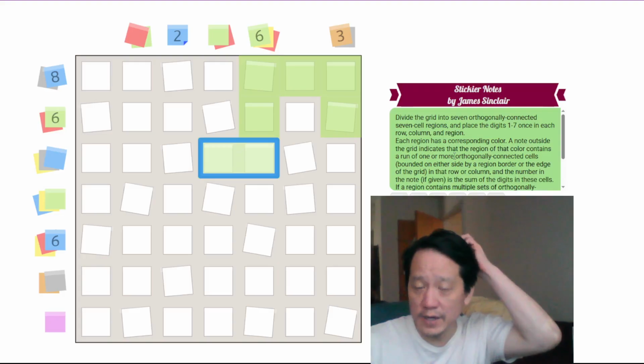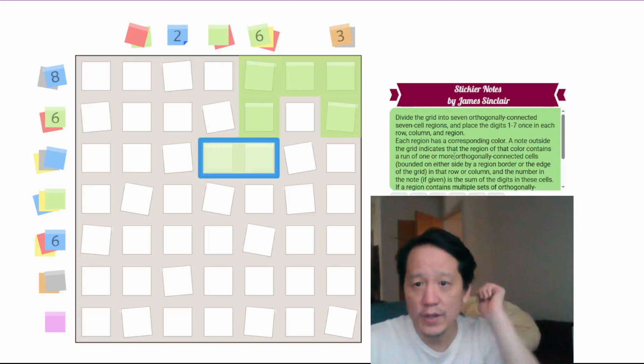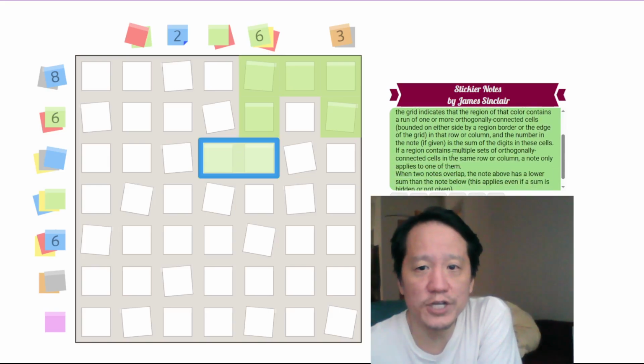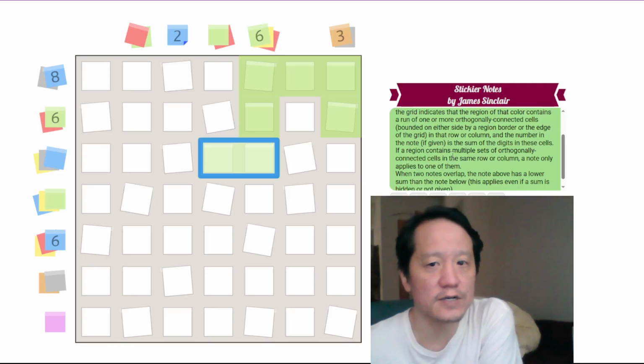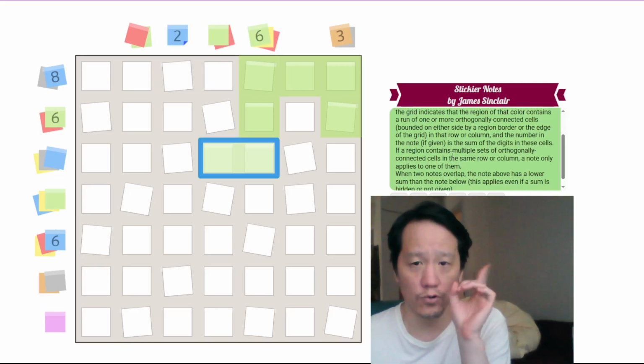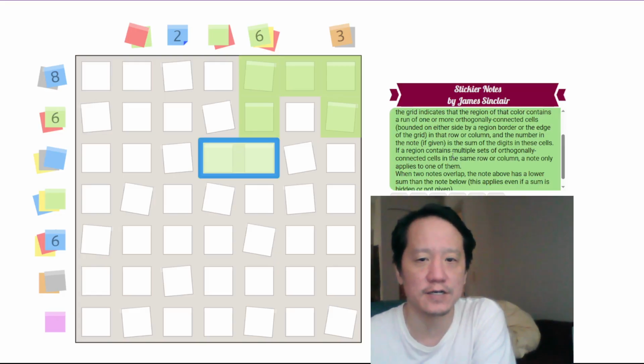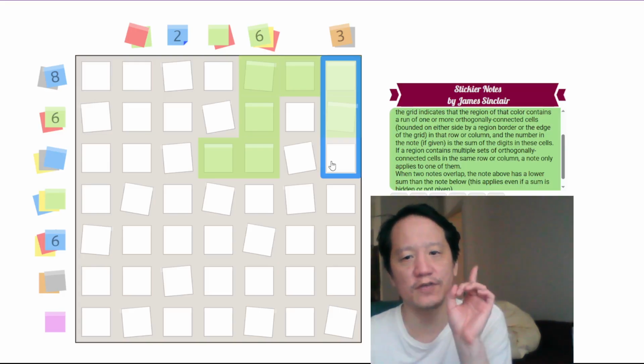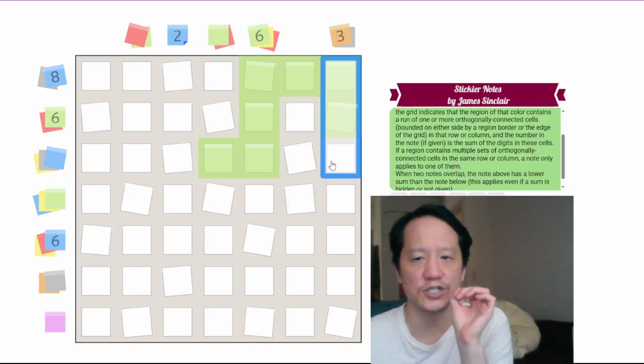Each region has a corresponding color. A note outside the grid indicates that the region of that color contains a run of one or more orthogonally connected cells bounded on either side by a region border or the edge of the grid in that row or column. The number in the note, if given, is the sum of the digits in these cells.